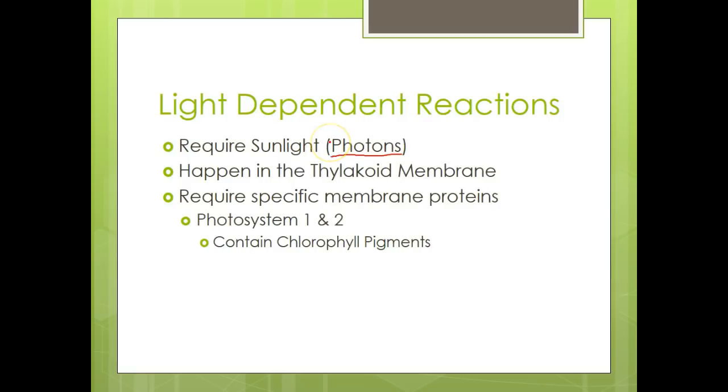These photons are collected by chlorophyll pigments embedded in Photosystem I and II, located in the thylakoid membrane of every chloroplast, and it's these photons that give rise to all glucose on the Earth in the form of photosynthesis.